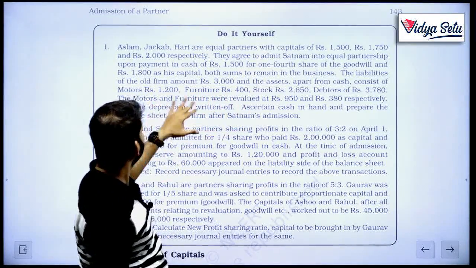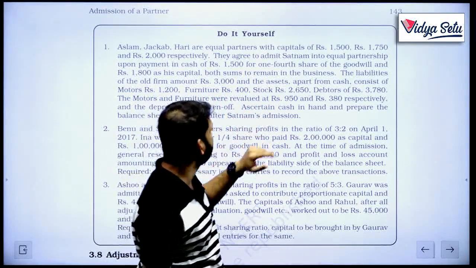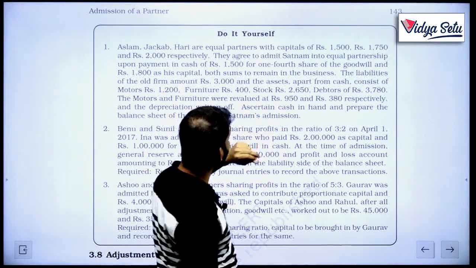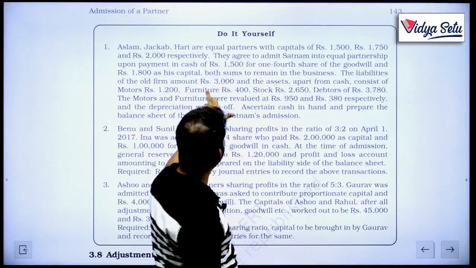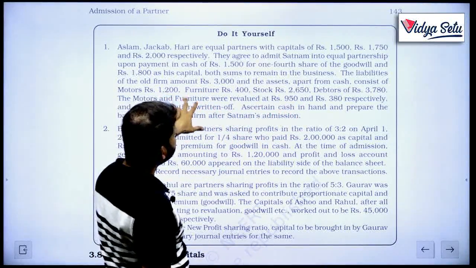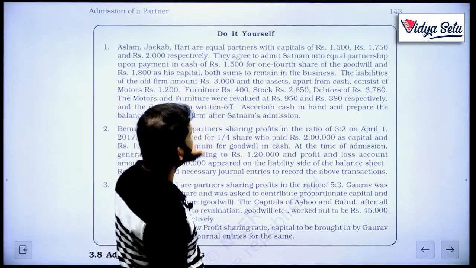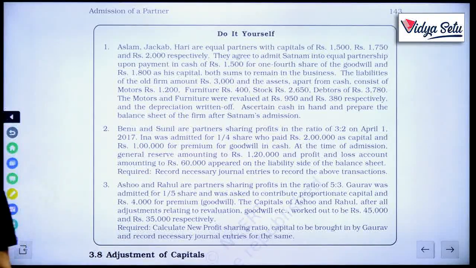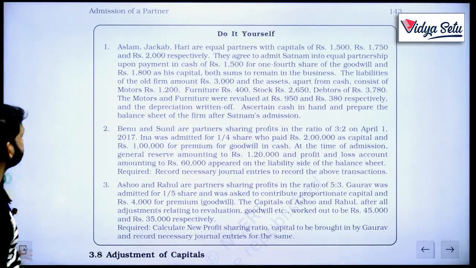Motors and furniture were revalued to 950 and 380. Motor was 1200, it was written down to 950, and furniture was 400, it was written down to 380. So 250 loss on revaluation on the motor car and 20 loss on the furniture. We have to write these down, 250 and 20.